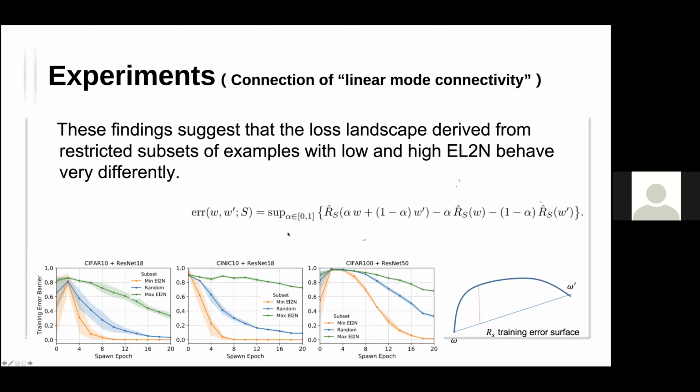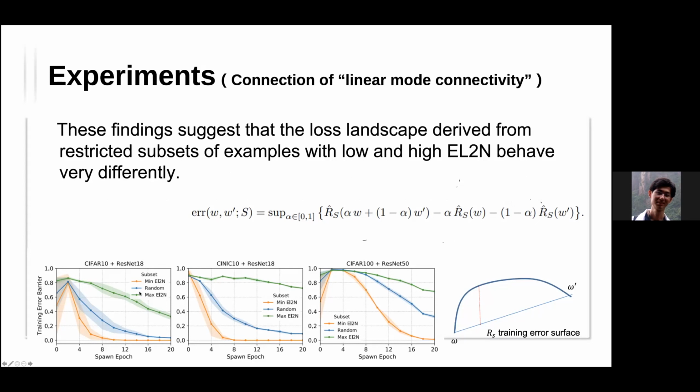The experiment design is like this. First you have the same start point omega, and then they choose different subsets to train the model. One is the subset with the minimum EL2N value, and the other is with the maximum EL2N value. Then you evaluate the distance, or the positions, between W and W prime.